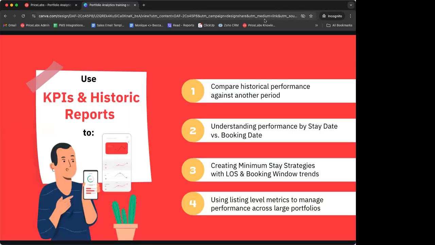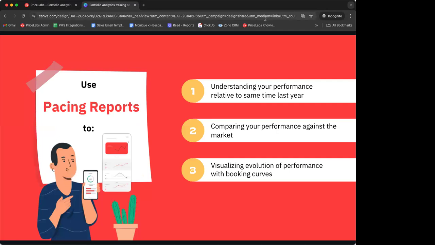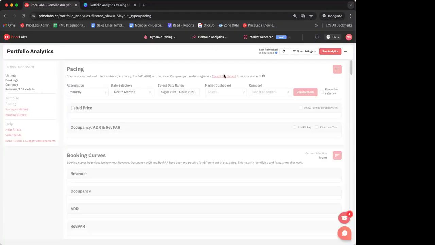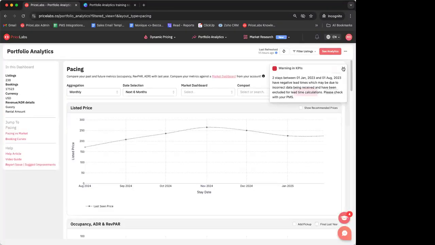The pacing reports are important to understand your performance relative to the same time last year, as well as versus the final performance of your portfolio. This is where we can also compare your performance against the market. And this is where you'll be able to visually see the evolution of your booking curves. I'll show you what that means in just a moment when we look at the booking curve section.